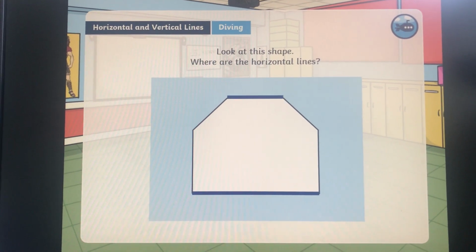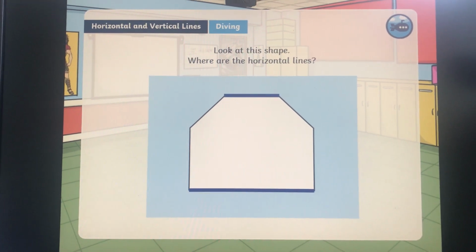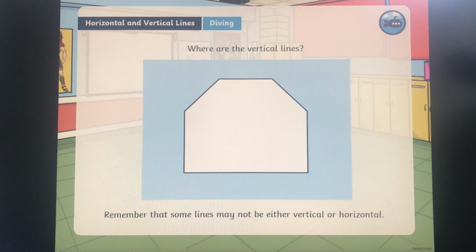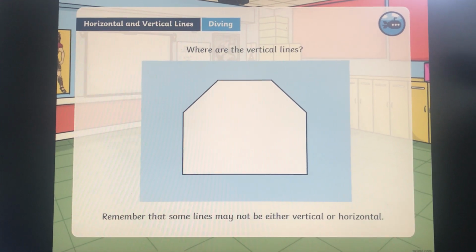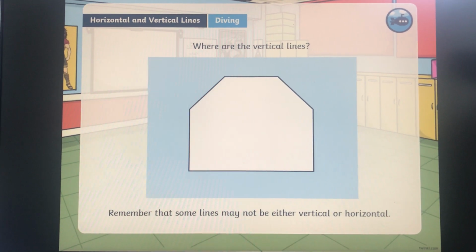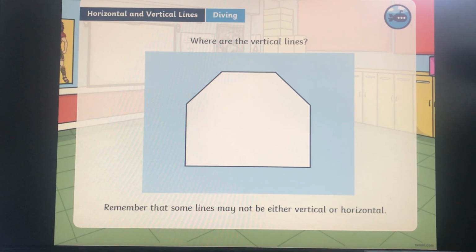Okay, there they are. Hopefully you spotted the top and the bottom line. And now, where are the vertical lines in the same shape? Remember, some lines may not be horizontal or vertical.